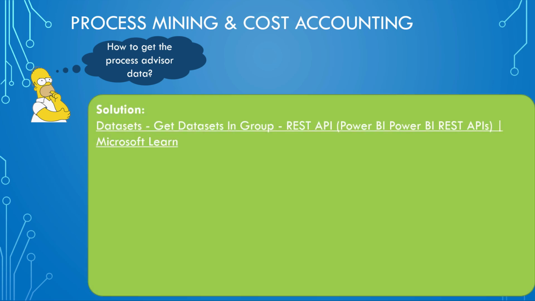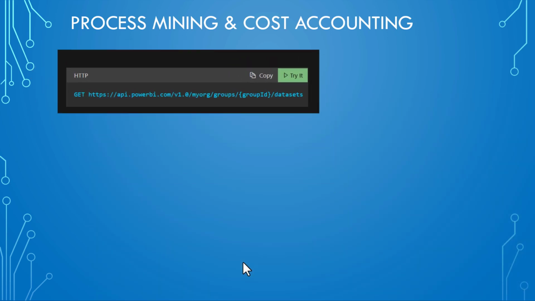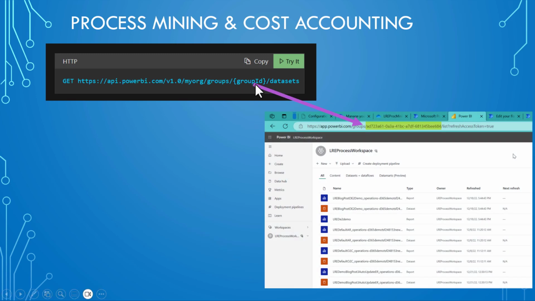And to overcome this, my friend Tommy, so special thanks here, sent me a link to this Learn site, where you can get datasets in a group with this HTTP connector. So what does it do? Well, you need an HTTP connector in your flow, and then you need this group ID, and this group ID is just from your Power BI workspace, this ID here.